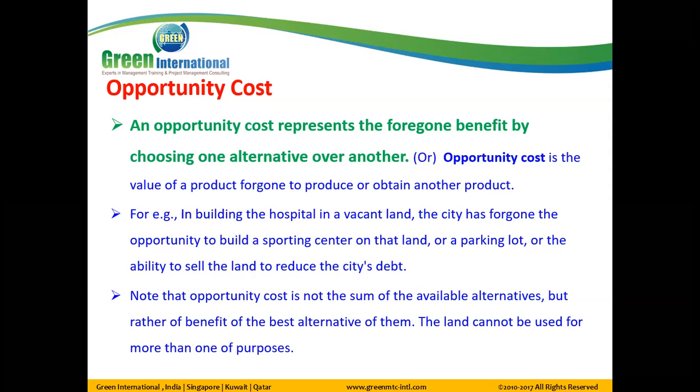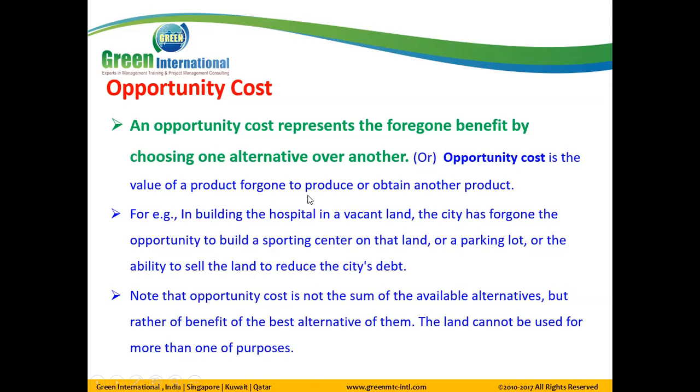If I have selected B, then I have lost whatever opportunity would have come from A. That cost is called opportunity cost, and you should include it when you calculate the overall value of B. You cannot take only the cost of B. So you have to see the opportunity cost that you lost because of the decision. That's called opportunity cost.